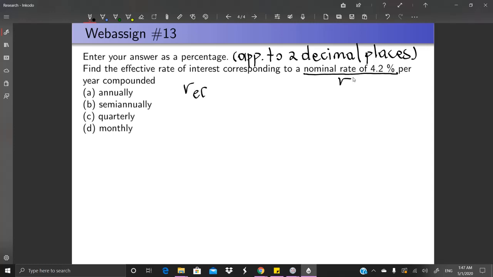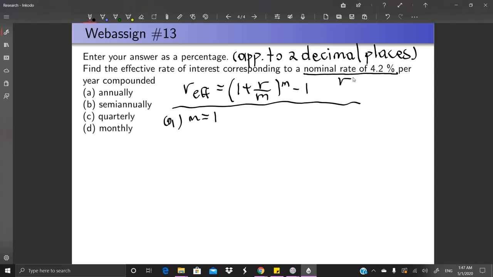So we say R effective is supposed to be equal to 1 plus r, this little r, over m, to the power of m, minus 1. So we just want to do this for all the parts here. So for part A, all right, compounded annually, remember annually means m is equal to 1, right?